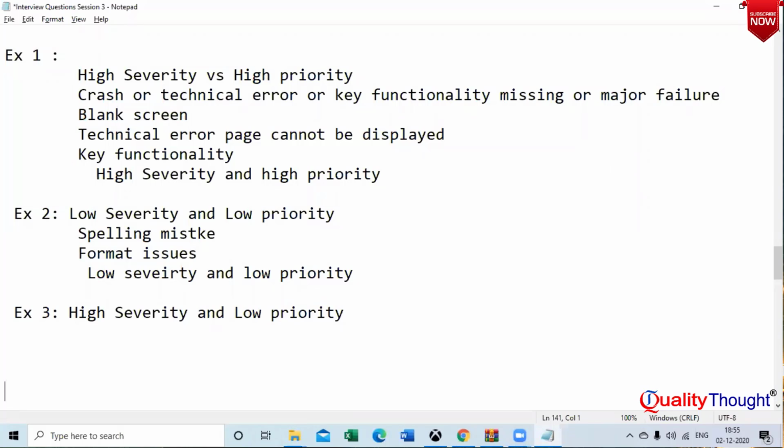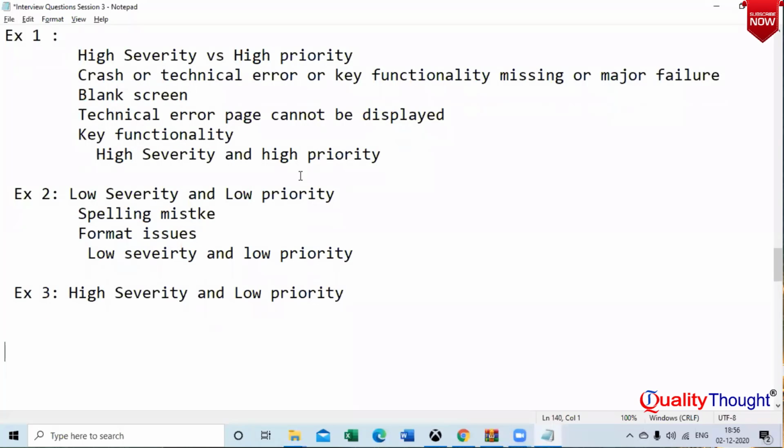High severity and low priority means there is no urgency to fix the defect, but the impact of the defect is very high.